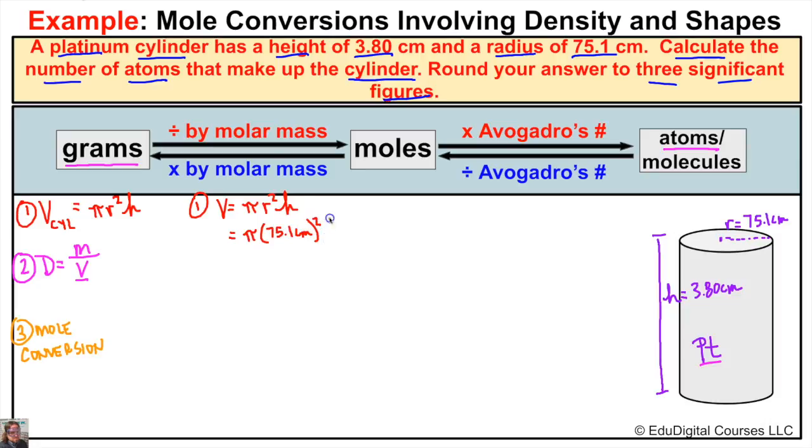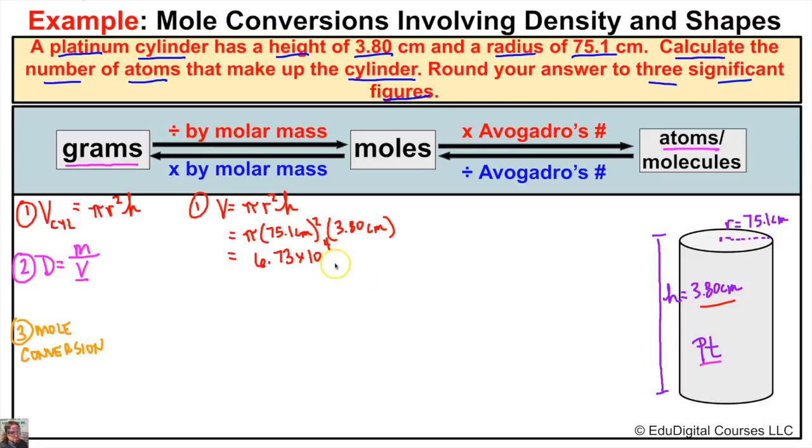We're going to square this, and then multiply it by the height, 3.80. And so when we take 3.14, multiply it by 75.1 centimeters squared, and multiply it by 3.80, we'll end up with 6.73 times 10 to the fourth.